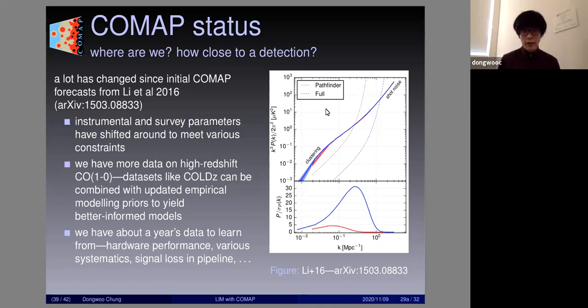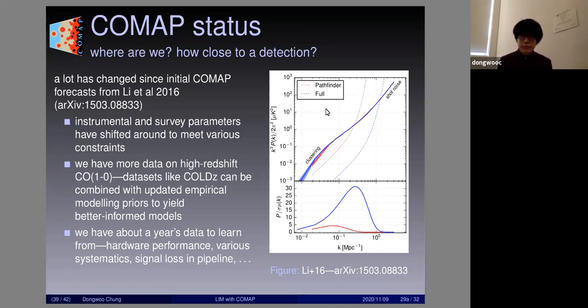And so we know a lot more about how the instrument is performing, what kinds of systematics are there, how we can clean them, and what kinds of signal loss we see in the pipeline through various filtering and rejection stages. We are in the process of better characterizing our sensitivity based on what our actual data look like and what our actual uncertainties look like.